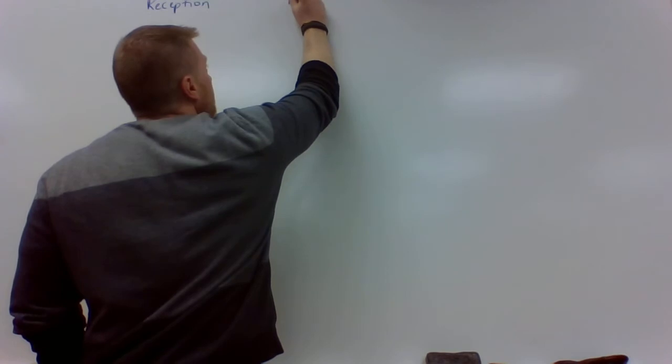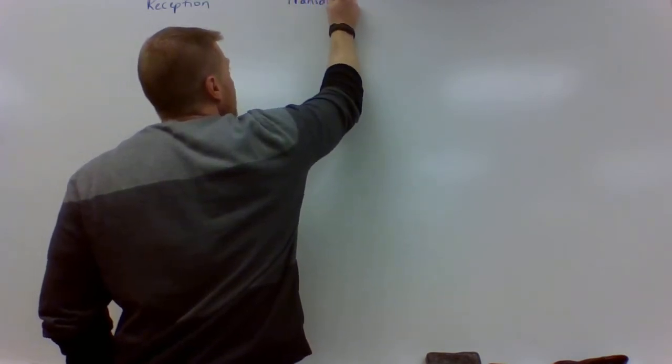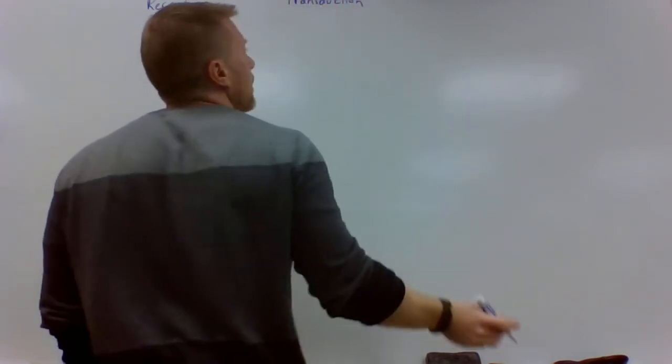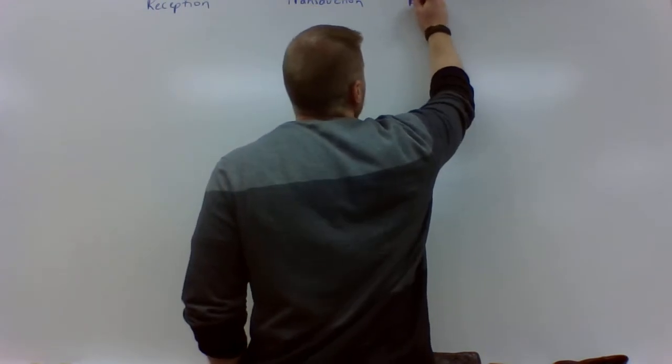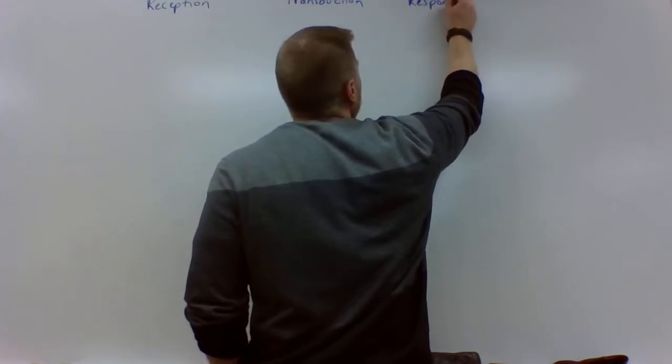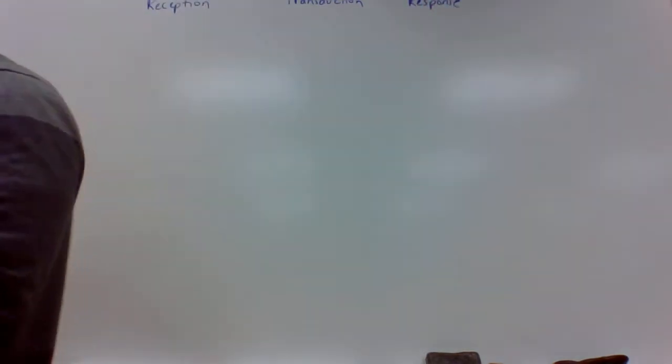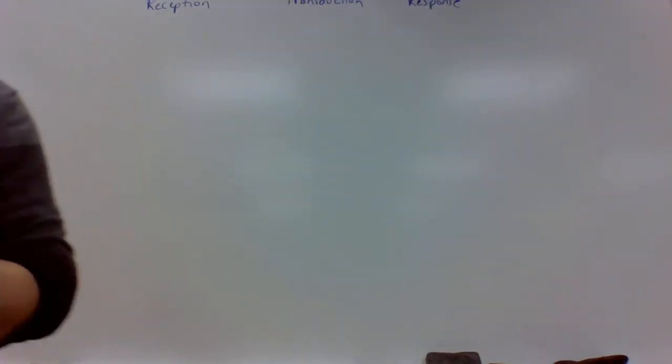Component number two is always going to be transduction. Component number three is always going to be response. Those are the three most important things to know about a signal transduction pathway.